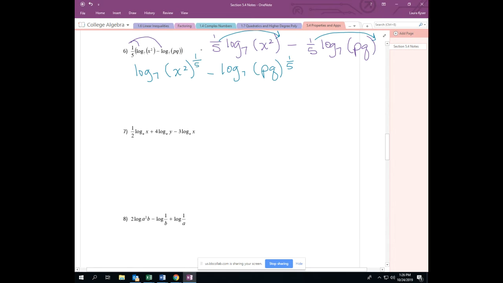The power rule says that the power on the outside gets multiplied by all of the powers on the inside of these parentheses. So log base 7, x to the 2 times 1/5 is x to the 2/5, minus log base 7. Each one of these has a power of 1, so 1 times 1/5 is 1/5. P to the 1/5, Q to the 1/5.